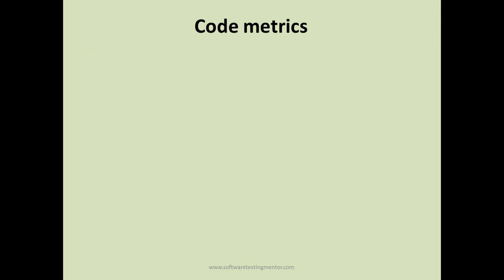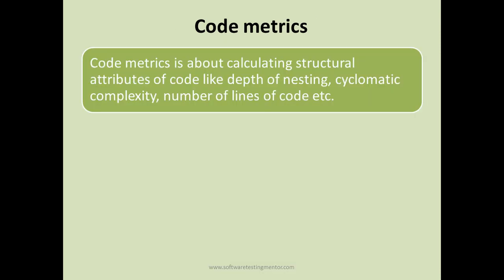Then the other feature is code metrics. Code metrics is about calculating structural attributes of code like depth of nesting, cyclomatic complexity, number of lines of code. So this is another feature that is provided by static analysis tool.